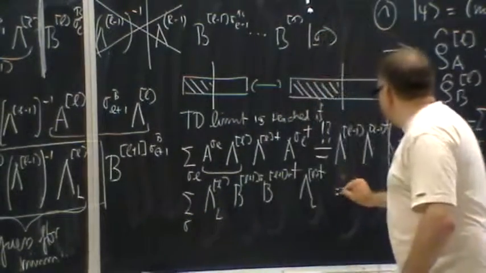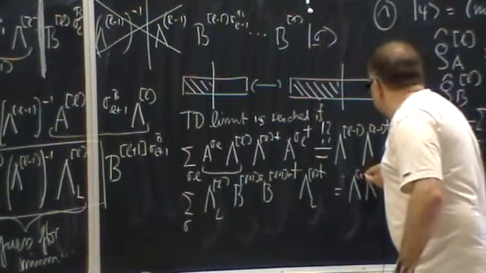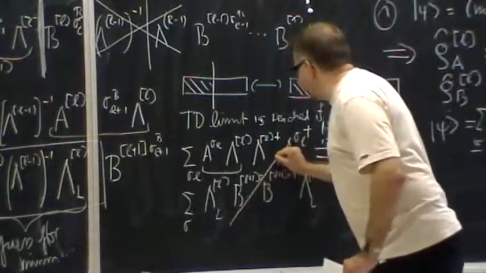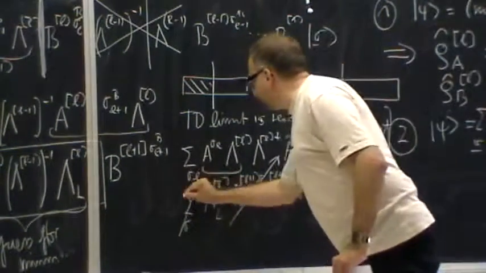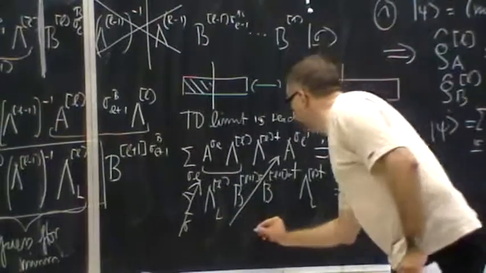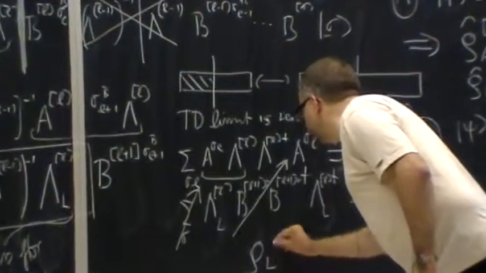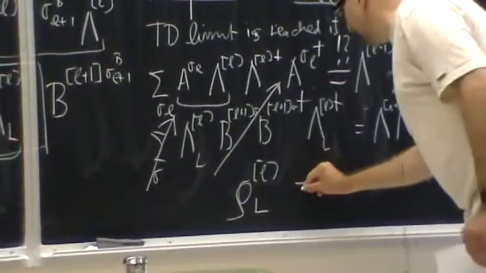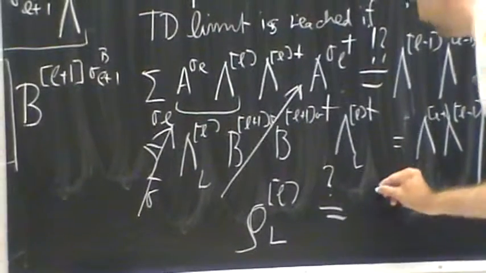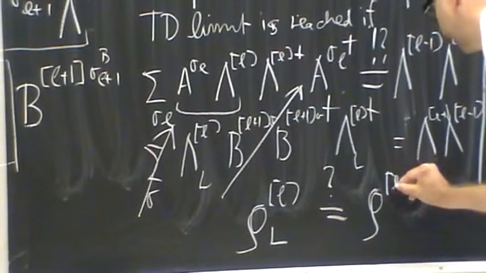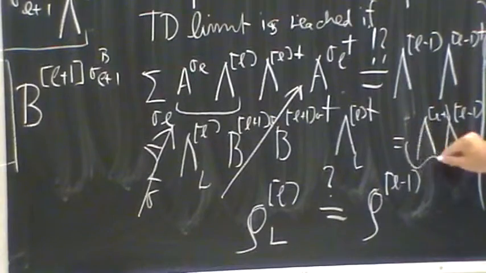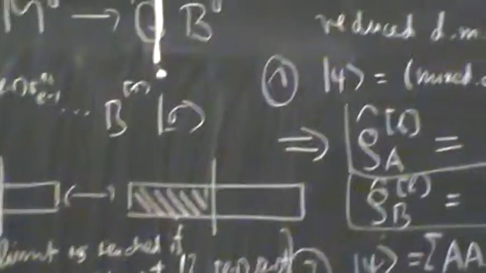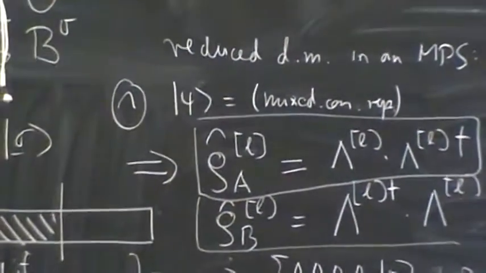On the right-hand side I get lambda L minus 1, lambda L minus 1. So these drop out together with the sum, and I can introduce something which I call rho LL, just as the lambda dagger here, and ask whether this is the same as rho L minus 1, which I get from the expressions here.